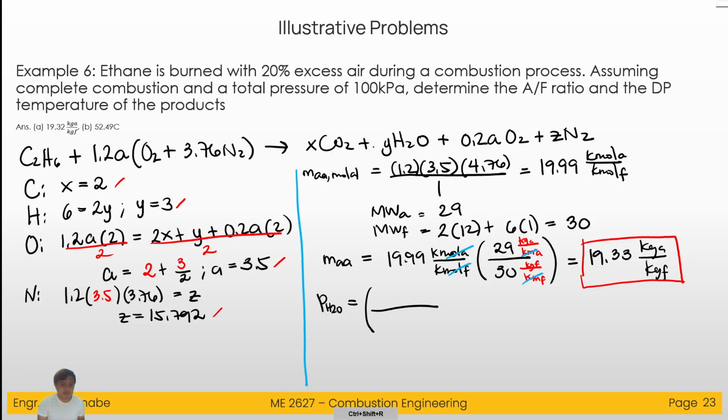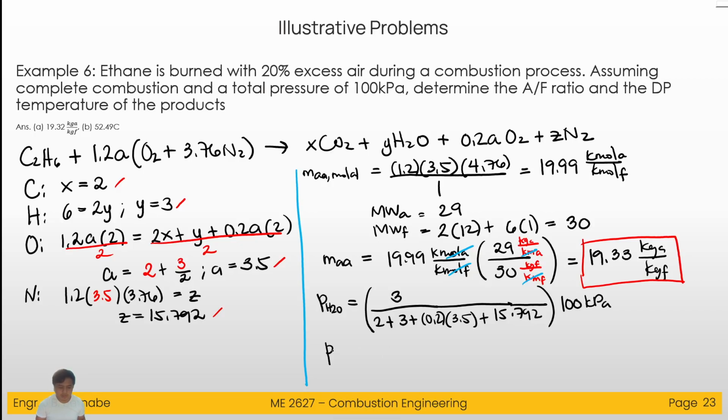So you have here Y as the number of moles, which is 3, over 2 plus 3 plus 0.2 times 3.5 and then lastly your nitrogen, 15.792. This will be multiplied by the total pressure, or the atmospheric pressure, 100 kilopascals.